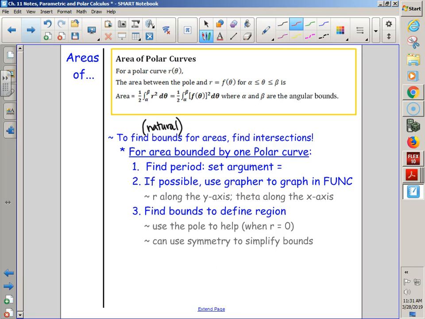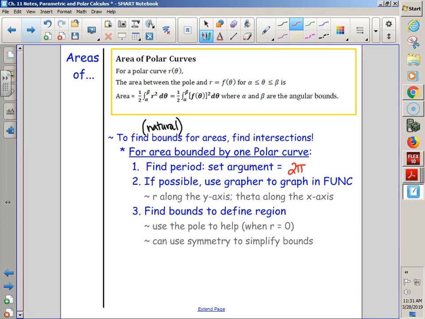To find the period, we can set the argument equal to 2 pi. Remember how I did that the other day? I was like, hey, this one finishes in pi over 3. Ooh, this one finishes in 6 pi. Different periods might take different thinking about bounds. But the nice thing is I can set the argument with the horizontal dilation equal to 2 pi to say what's happened. If possible, you can use your grapher to graph in function mode.